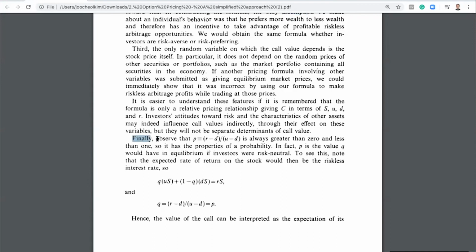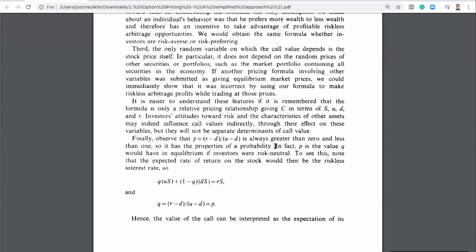So finally, observe that P, which we defined as that fraction, is always greater than 0 and less than 1, so it has the properties of a probability. And this part is really important. I really want to emphasize it. You guys are really great at English, so why don't you read this sentence and think about what it means.